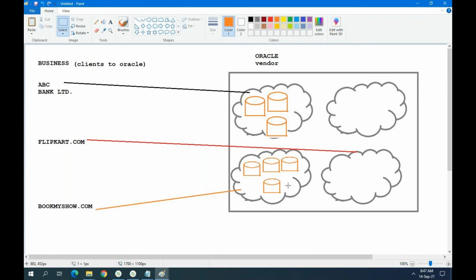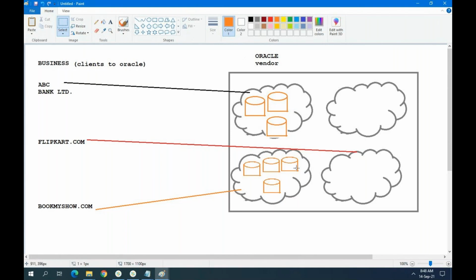Just change the settings and leave it. Whatever files I am saving in the drive are safe. Google company is taking care of those files. Similarly, the vendor provides the storage and takes care of the maintenance of the databases.